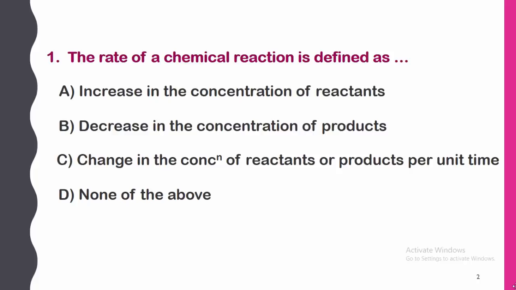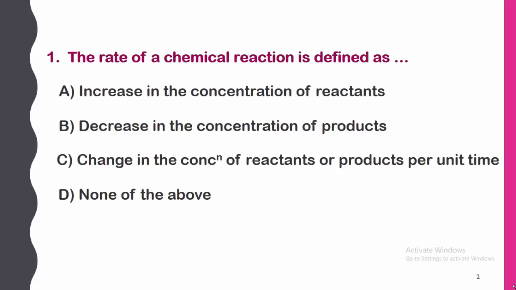First, we try to understand how the rate of a chemical reaction is defined. As we already discussed, in a chemical reaction, rate is always defined with respect to time, per unit time. The first option is increase in the concentration of the reactants.